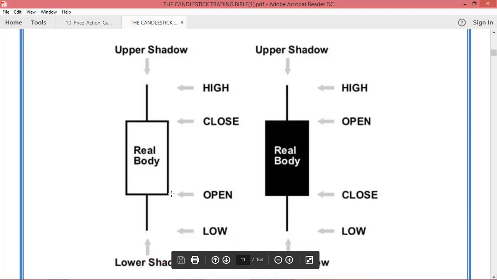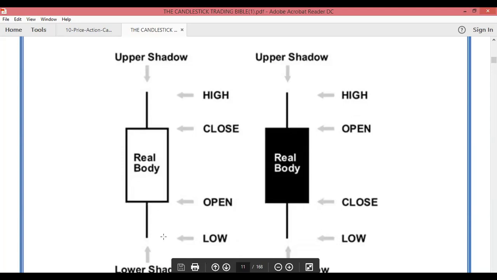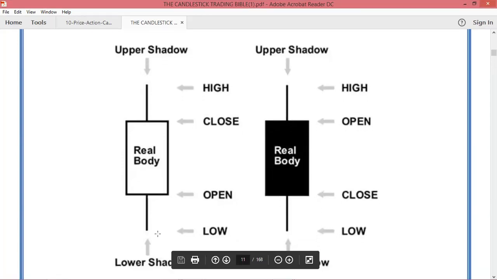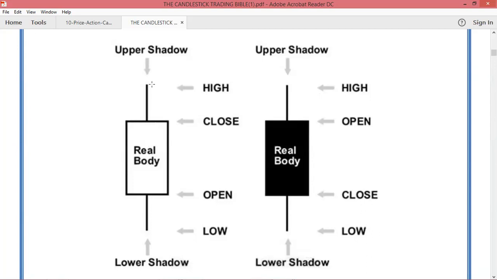At this open point, it means at a time, sellers came into this market at this open and pushed the market low to this place, which is marked the low, and later pushed the market up and got to this high, and sellers pushed the market back to this point, and the market closed here.